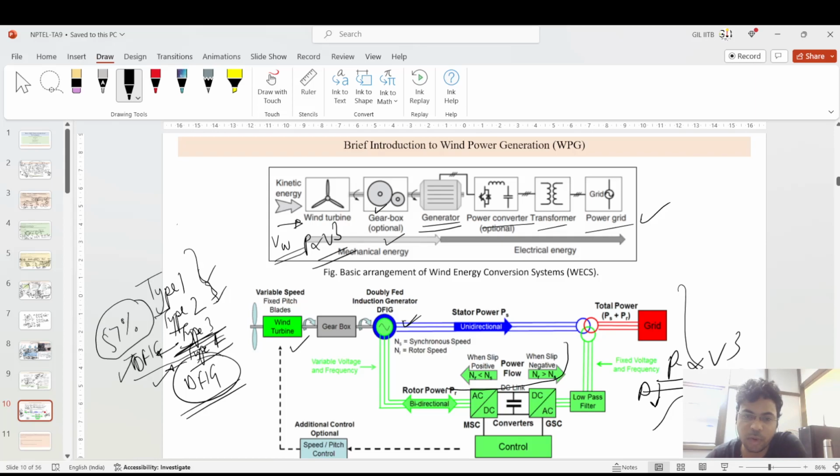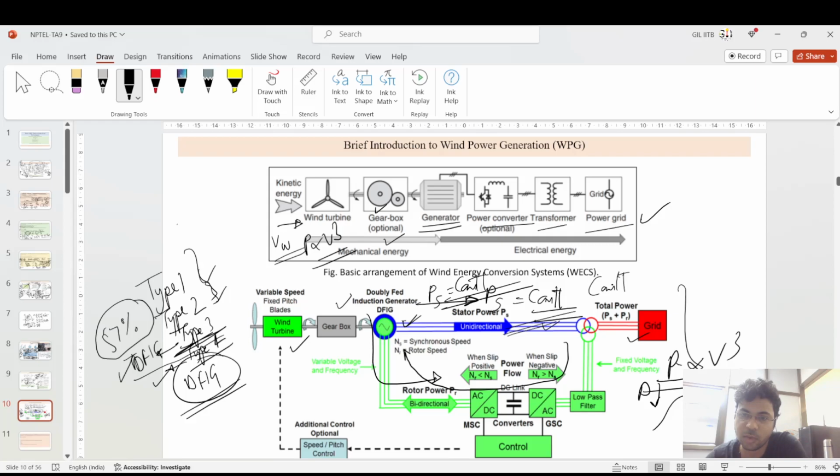So what will happen in the DFIG-based system if the power generation is low? It takes certain conversion power directly from the grid and maintains the power going through the stator as a constant. Also, when the generation is very high, the extra power is sent through the parallel path, and it maintains this Ps as a constant in that situation also.